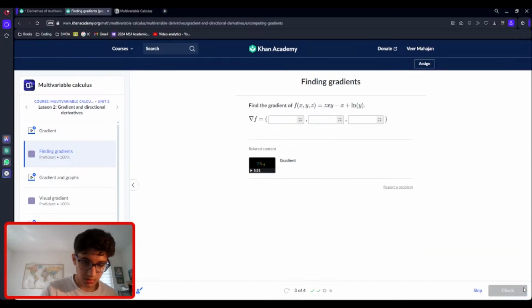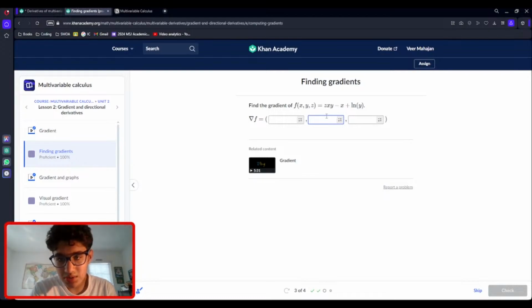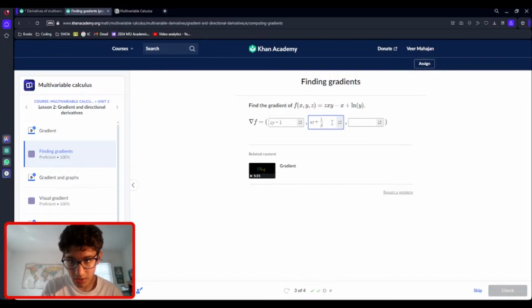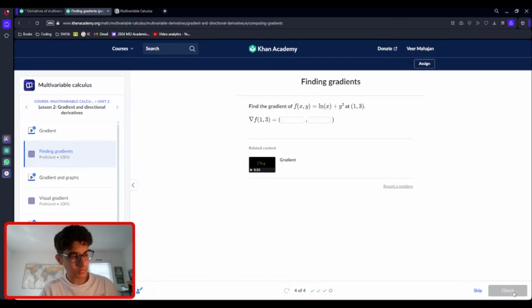Okay, correct. Thank God. This one, with the x, this just becomes zy minus 1. With y, this becomes plus 1 over y. So xz plus 1 over y. And for z, this will just become xy. Okay, good.